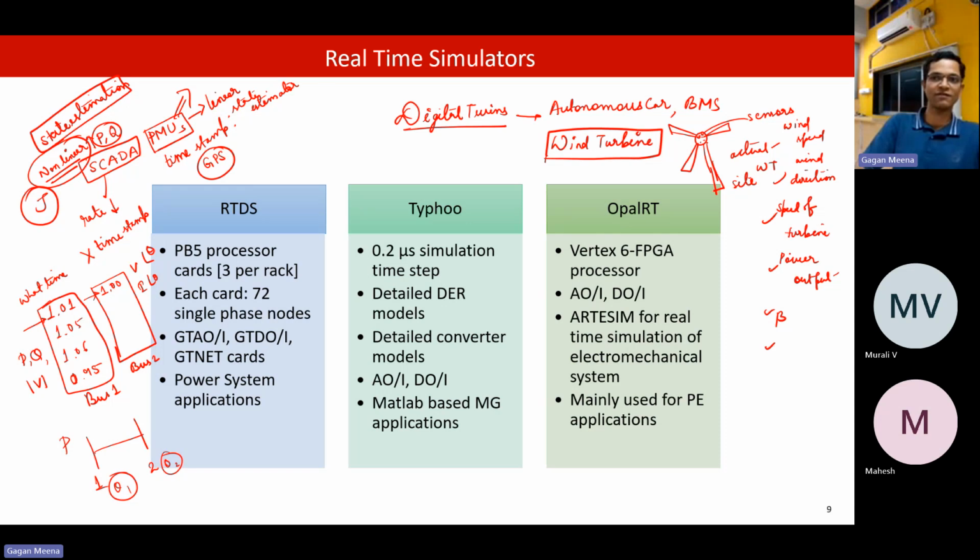All these things we have different sensors for, and these sensors are connected to the cloud, or through a communication channel they are able to send the data to the control center, or it can go to the cloud also.